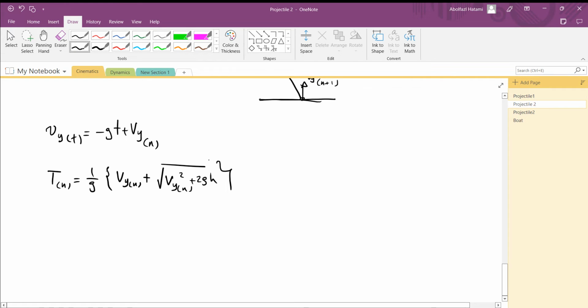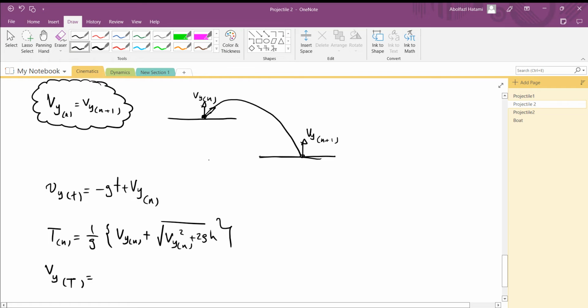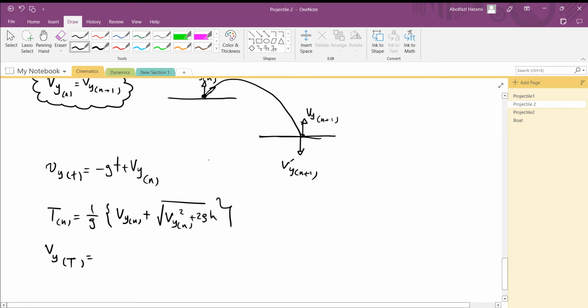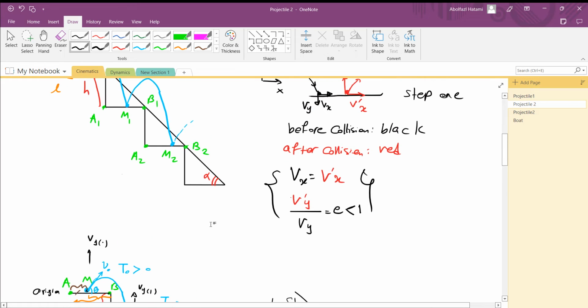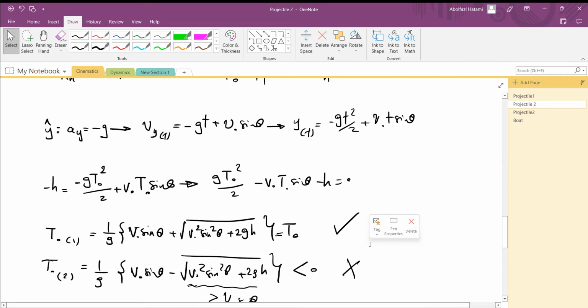And we know that vy of t is going to be, consider that before the collision our vy was actually v prime yn. We should apply this equation for the velocities: we have this relation for the velocities before collision and after collision.